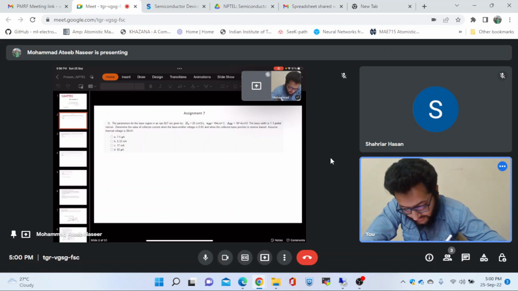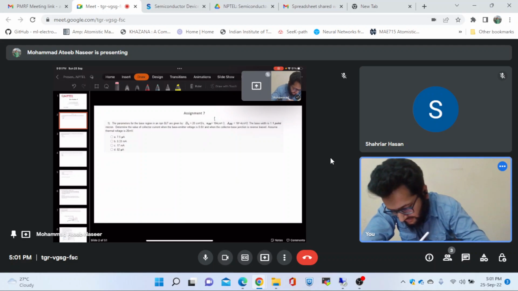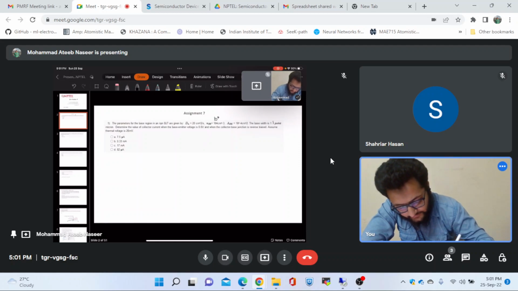So this should be 10 to the power 4 per centimeter cube. Let me write it clearly, 10 to the power of 4 per centimeter cube, and the area is 10 to the power minus 4 centimeter square. The base width is given to be equal to 1 micron.